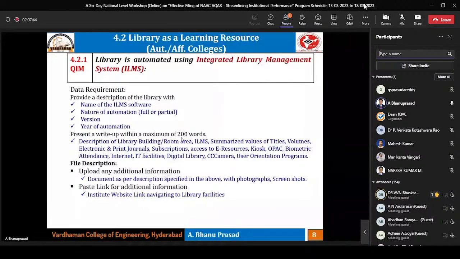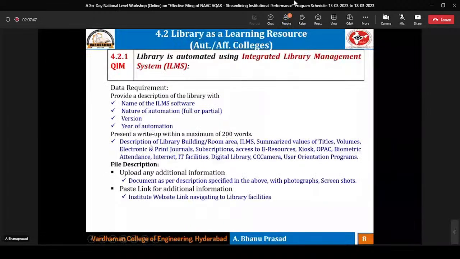In that we can include the description of the building or room of the library, the ILMS version, and the summarized values of the titles, volumes, electronic and print journals, the subscriptions, the memberships, access of e-resources, the kiosk for biometric attendance, internet facility in the library, the IT facilities like photo prints, for the faculty or the staff to use. The digital library nowadays is most important.